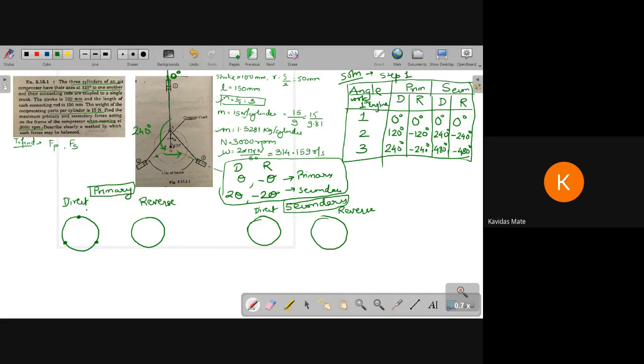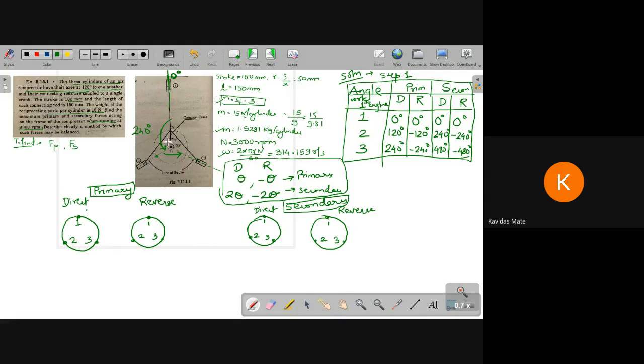So this is number one, this is number one, this is number two, and this is number three. Similarly, you do this activity for the remaining: 1, 2, 3. This is the position of the line of stroke. So you have drawn it basically and put it over here.